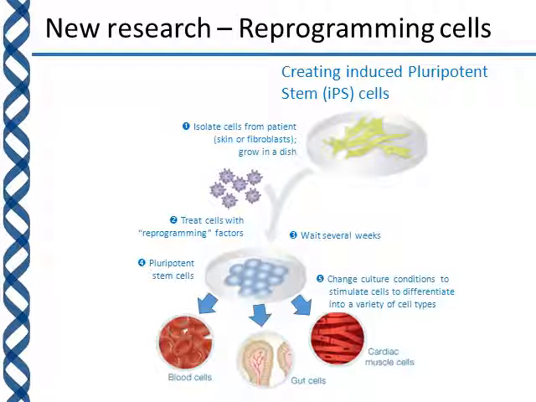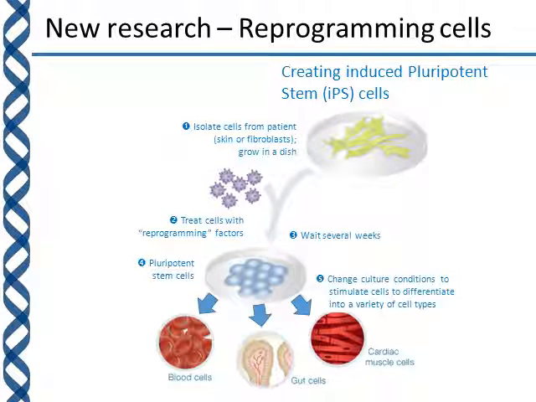The new areas of research are reprogramming of cells. And here we show an example of creating induced pluripotent stem cells. First, you isolate cells from a patient, either skin or fibroblast, and you grow these on a dish. You treat these cells with reprogramming factors.